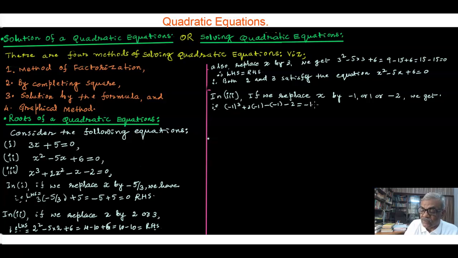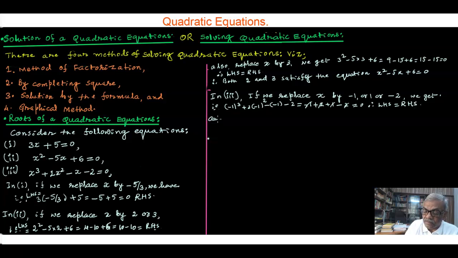Sorry, 2 into minus 1 squared means 2 into 1, that is plus 2. Then minus of minus 1 is plus 1, minus 2. These are getting cancelled, that is going to be 0, and therefore LHS equal to RHS in this case.